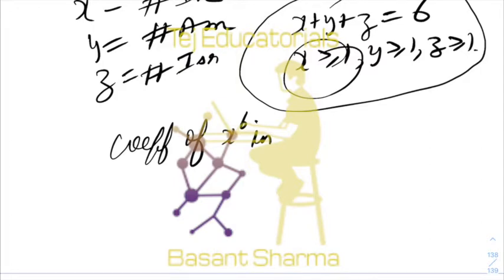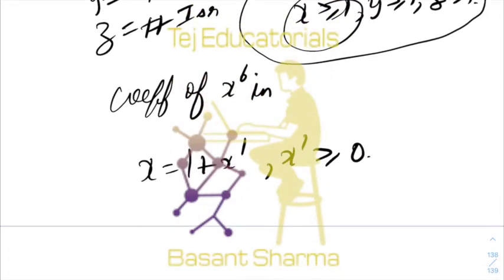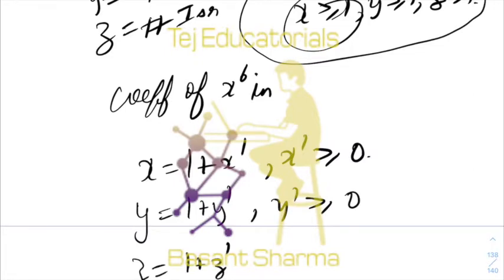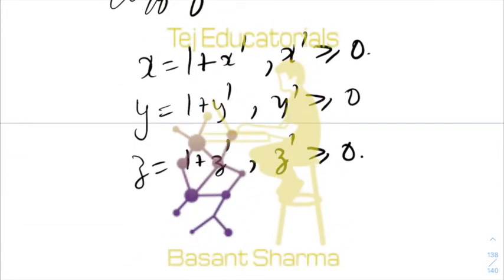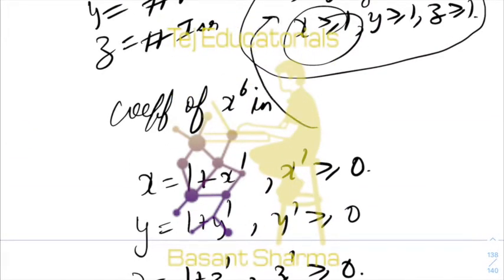Since x ≥ 1, you can say x = 1 + x', where x' ≥ 0. Similarly, y = 1 + y', where y' ≥ 0, and z = 1 + z', where z' ≥ 0. Now you substitute this in this equation.